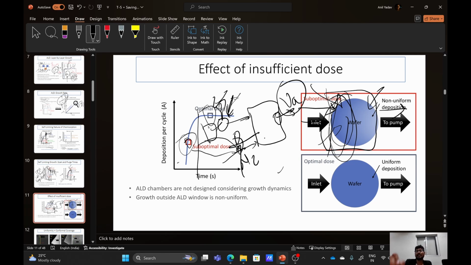This process is typically done in the millibar range, like 1 to 10 millibar of pressure. There are some ALDs that can be done at atmospheric pressure as well. That won't affect that much, but the precursor consumption is different.